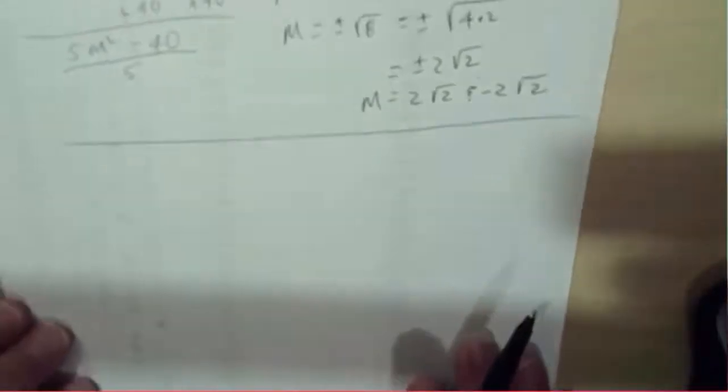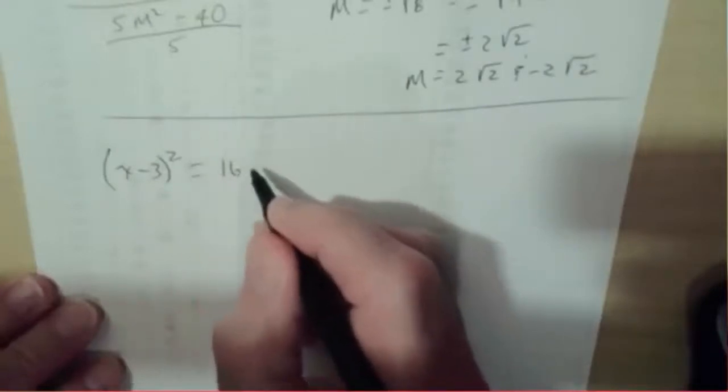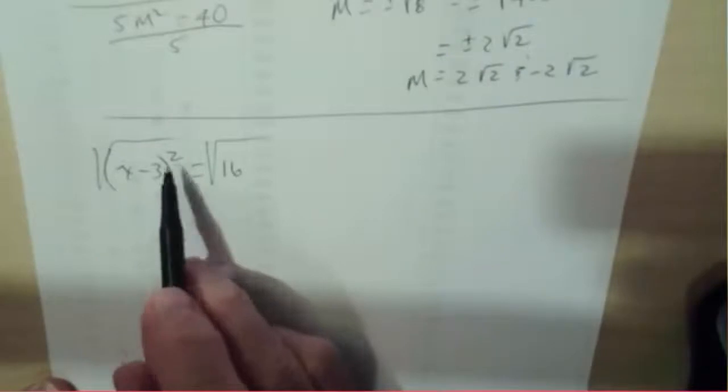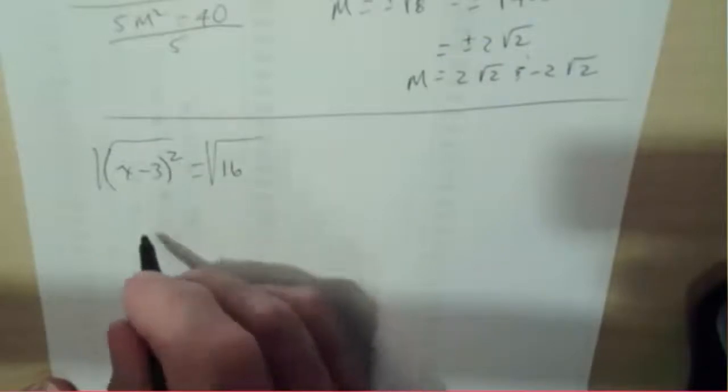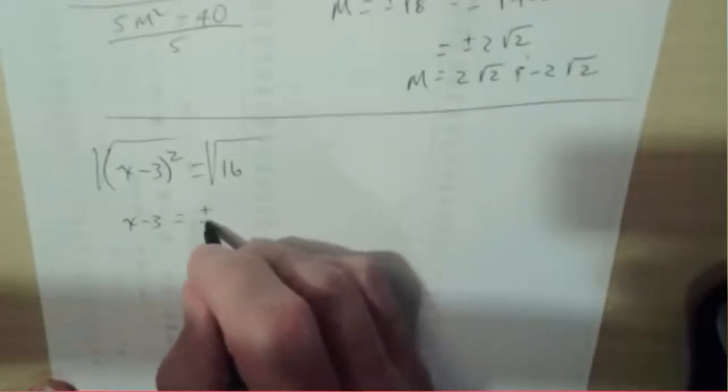Okay. What about this? This is about as difficult as they get, and that's really not all that hard. How about this? X minus 3 all squared equals 16. Square root, square root. Remember, when you take the square root of a square, it just takes out the square. So we get x minus 3 equals plus or minus 4.